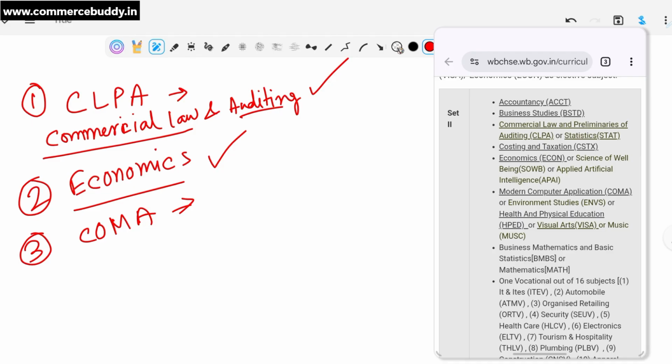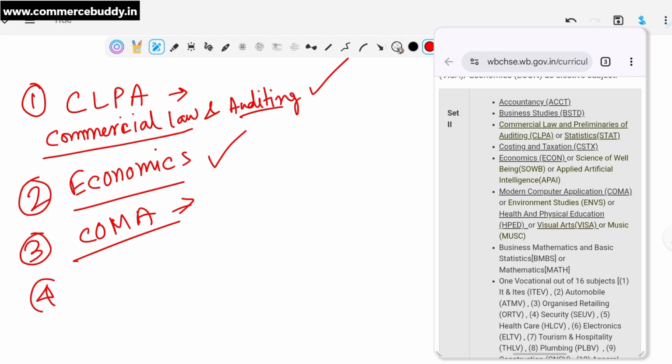If you want to have a second option available for your higher studies, you can also keep this. You can do BCA, MCA after taking computer application in 11 and 12. So this is the second option you can open by taking this subject. Okay, so this is computer application, our third option.